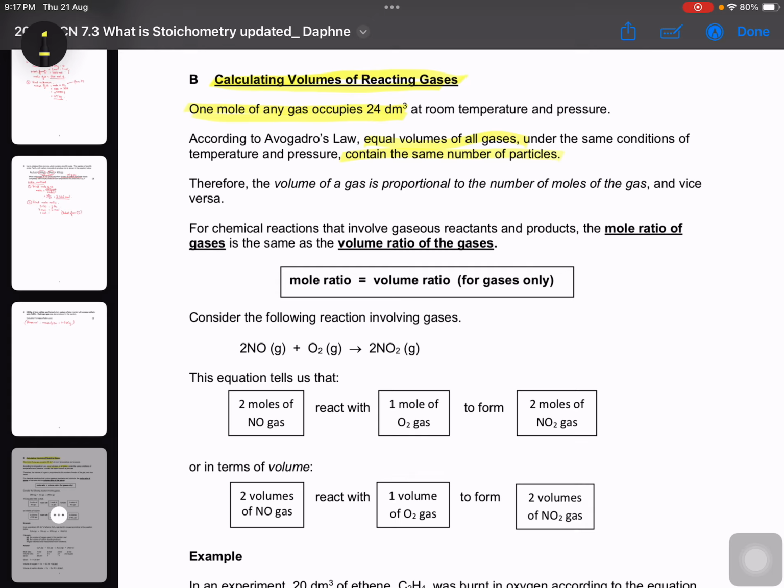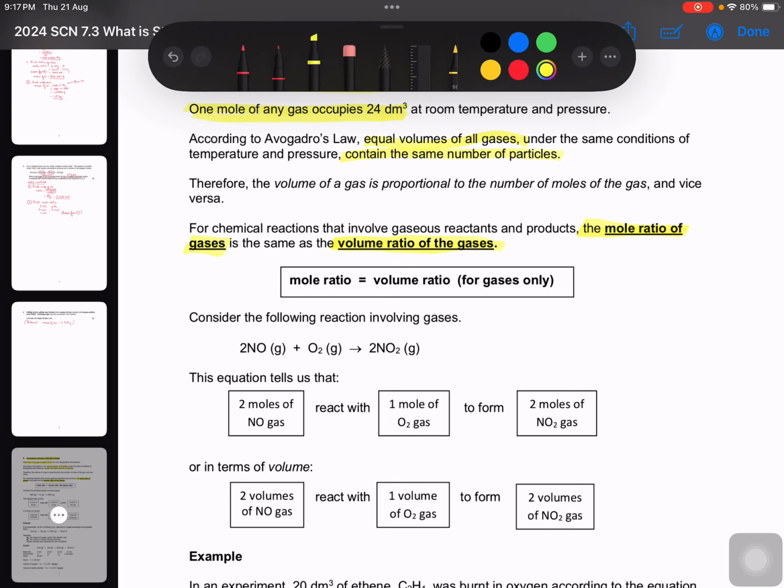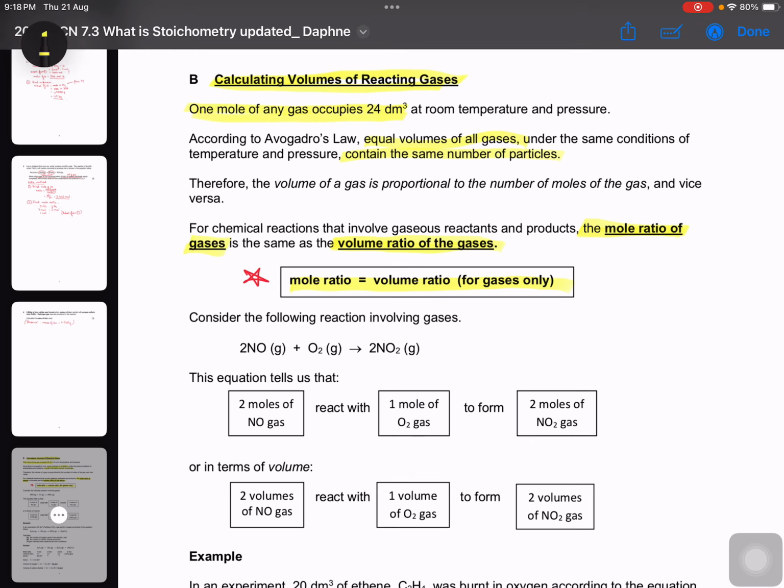Cut a long story short, remember we've been talking about mole ratio in the calculation. Mole ratio, if it is a gas, will be equal to the volume ratio of the gas. So we just need to learn this important key point, which is that for gases, the mole ratio is equal to the volume ratio.